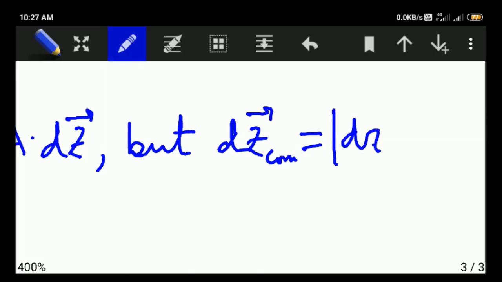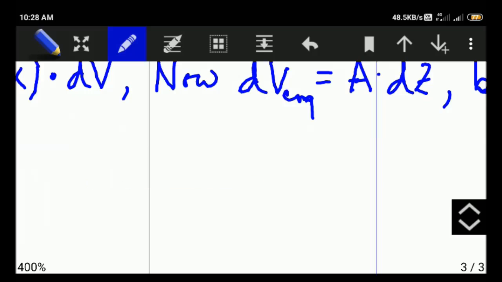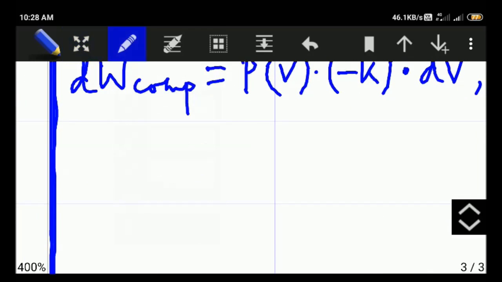In case of expansion it was upward, that is why we wrote it as dz into k vector. Now it is dz into minus k vector. Now you see that the magnitude of dz for compression is minus dz, because z is decreasing.